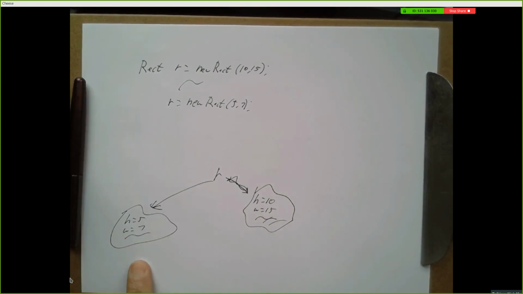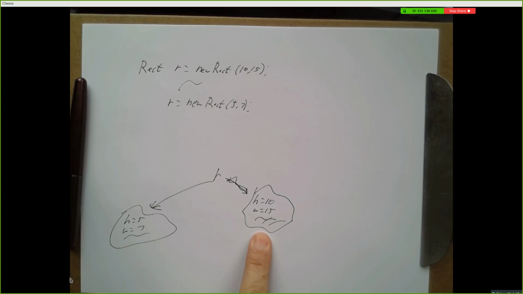Since R is now pointing to this new object in memory, it's no longer pointing to the original object. There's no way to get a hold of the original object anymore. The only reference we had to it was R, and R has been changed to point to this new object. This object is lost.